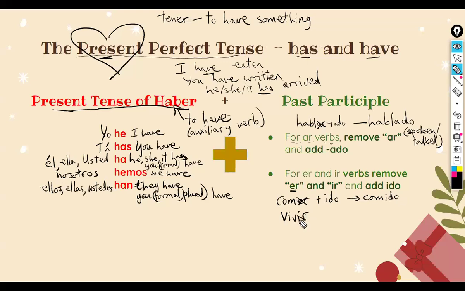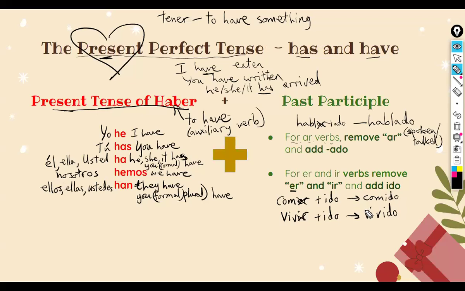This is an IR verb, take off the ending, we add IDO, and we get vivido. So he vivido, I have lived. Tú has vivido, you have lived. Él, ella, usted ha vivido. He, she, it, you formal has or have lived, right?